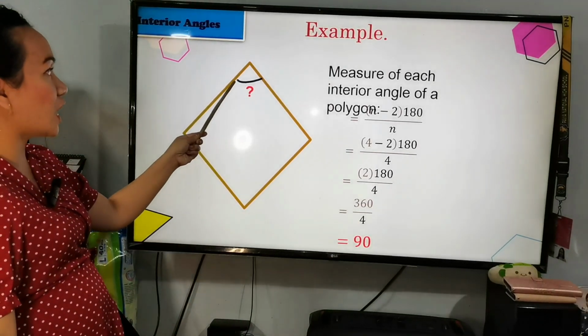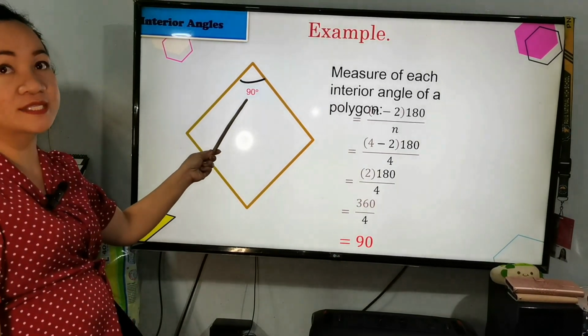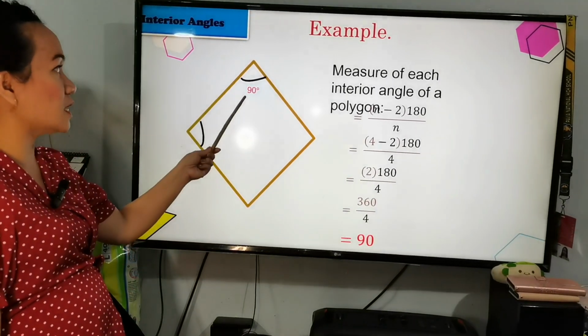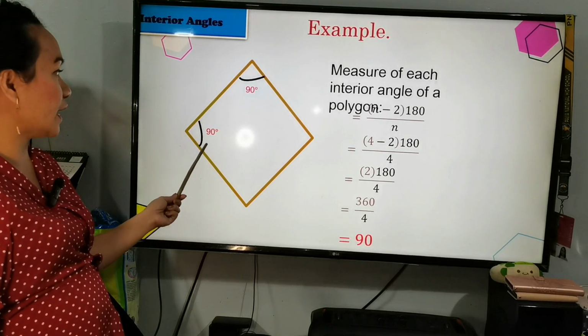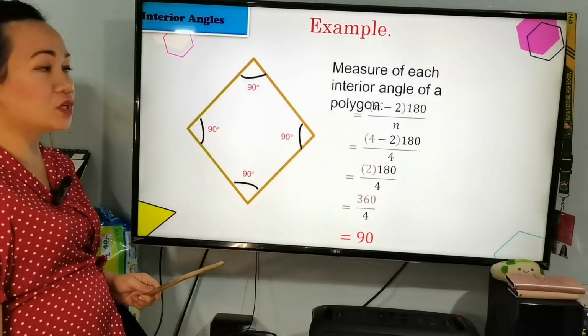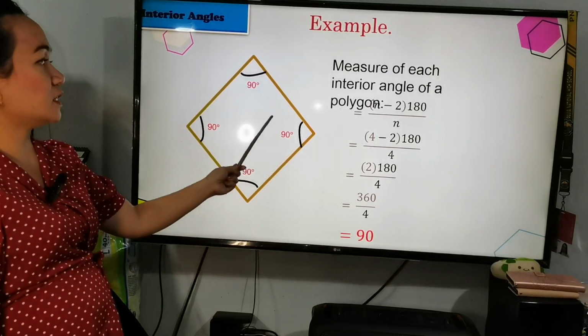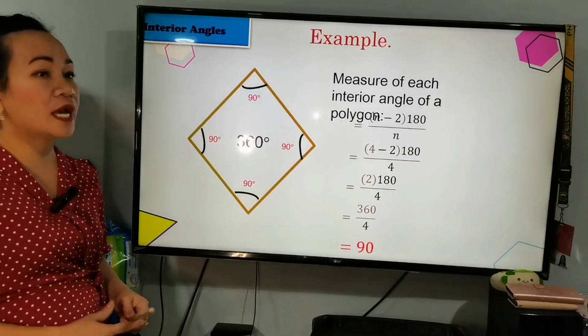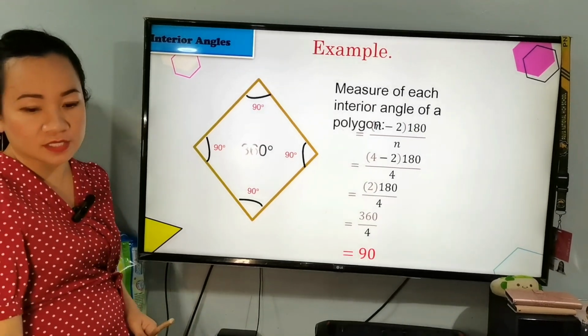Meaning to say, each angle of our rhombus measures 90 degrees. So we have here 90 degrees, 90 degrees, and 90 degrees. So getting the sum of the interior angles of our rhombus, we have 360 degrees.